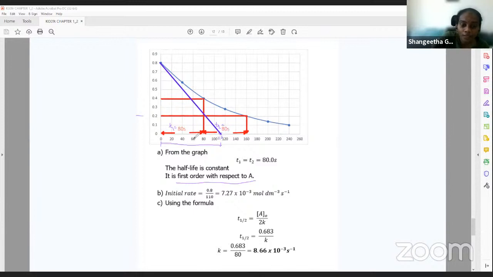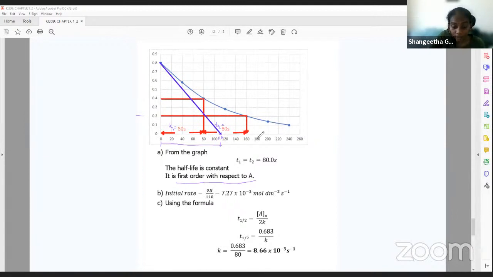It's also easier because it's just 0 up to 0.8, and 0 up to the point at which it touches the x-axis. So it's easier to calculate with fewer mistakes. When you calculate that, you'll get 7.27 times 10 to the power of negative 3.